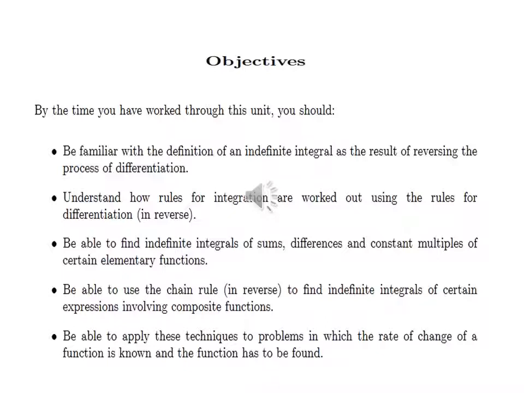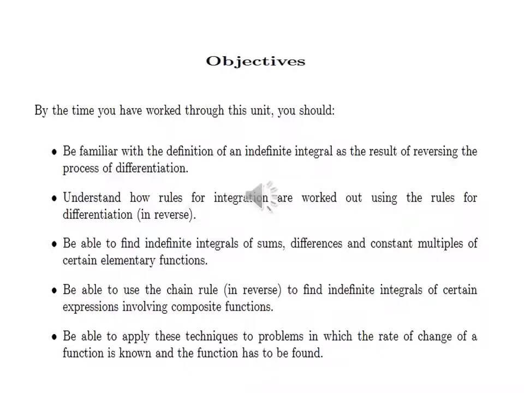Number 3, be able to find indefinite integrals of sums, differences, and constant multiples of certain elementary functions.